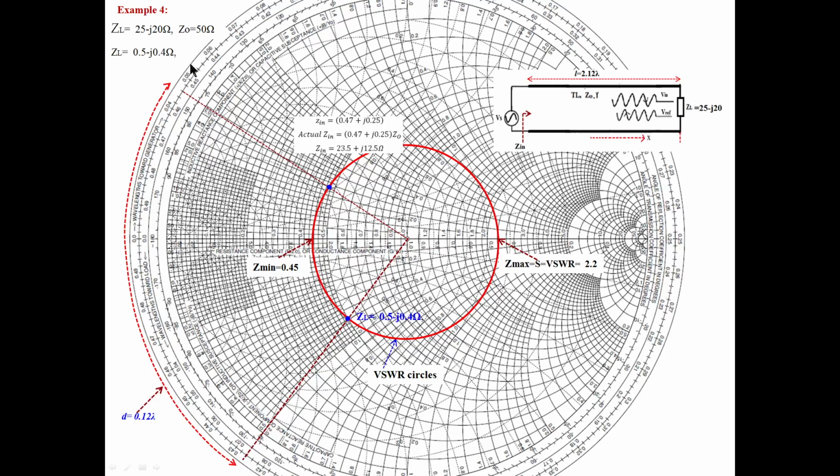So 12 divisions is up to here, but you should stand 2 divisions before this position, because here it is 2 divisions behind this reading. So that 0.12 lambda is from here to here.